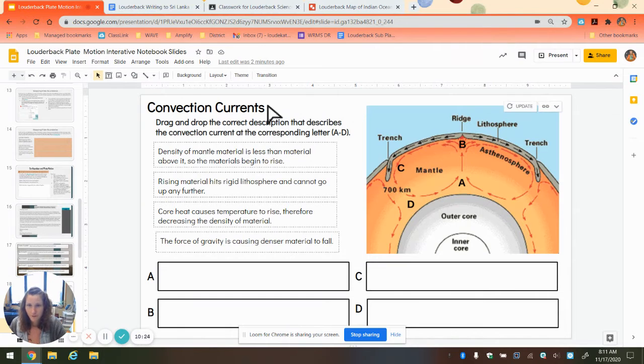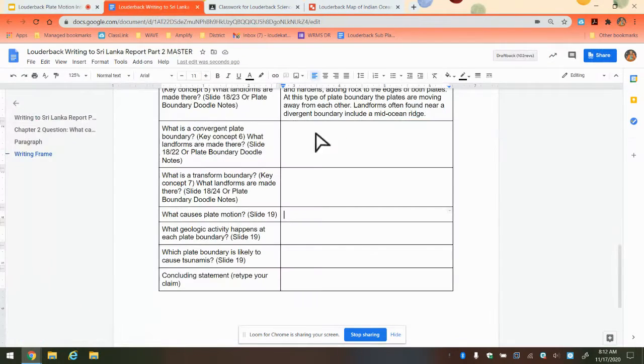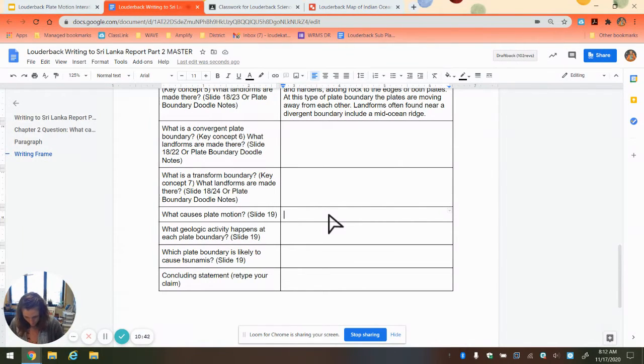So you can use the convection current here. You can also use your plate tectonic doodle notes. There's a whole bunch of information right here about convection currents if you did not do your little slide here. But we want to write that plate motion is affected by the convection currents in the mantle.